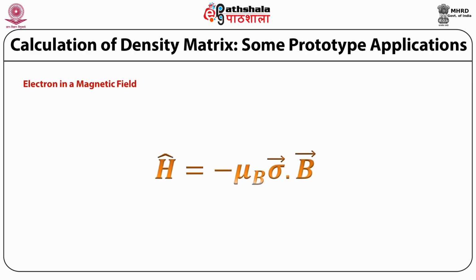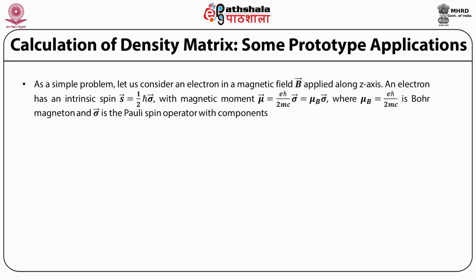Calculation of density matrix, some prototype applications. Let us look at, as the first application, an electron in a magnetic field. As a simple problem, let us consider an electron in a magnetic field B applied along the z-axis.